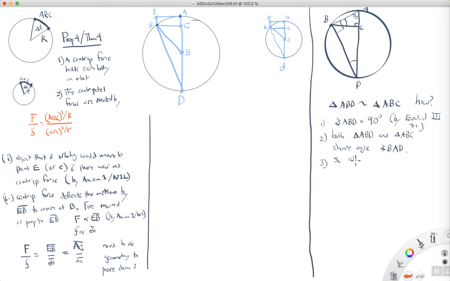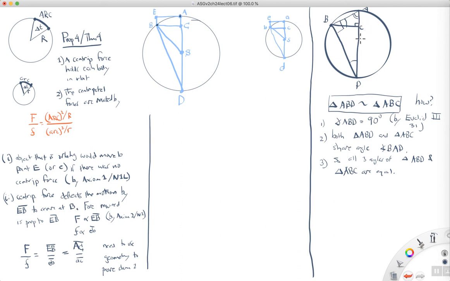So all three angles of triangle ABD and triangle ABC are equal. In other words, these two triangles have all the same angles, which is exactly what we mean when we say that they're similar triangles. So this triangle and this big triangle are similar.